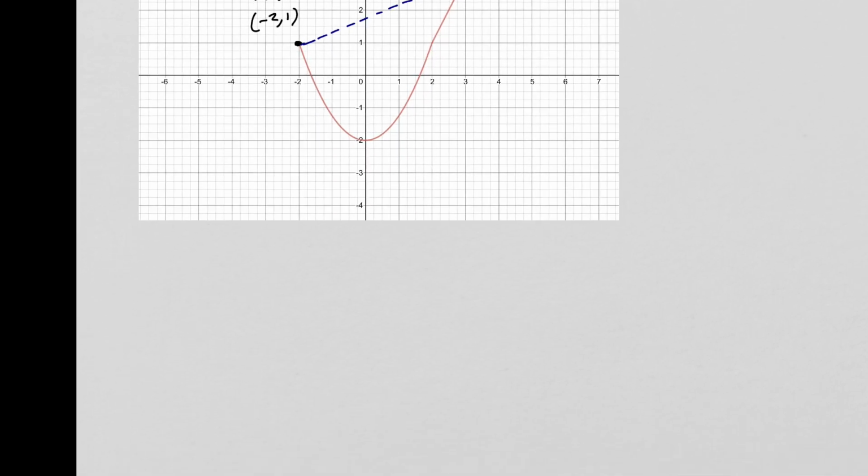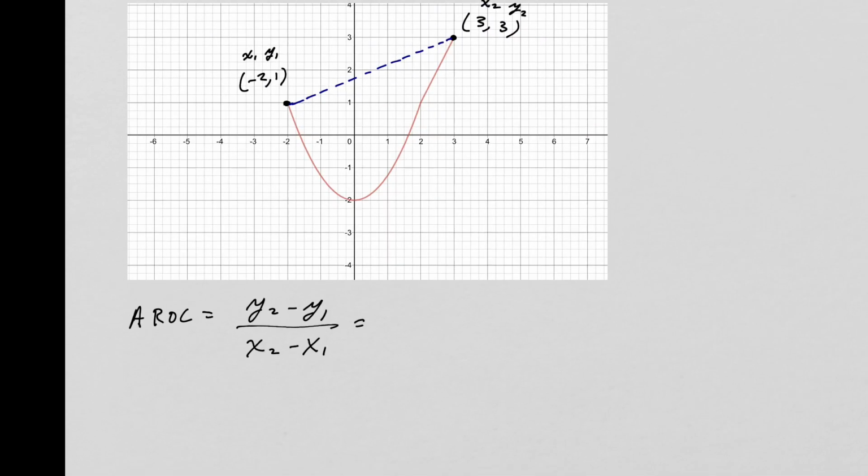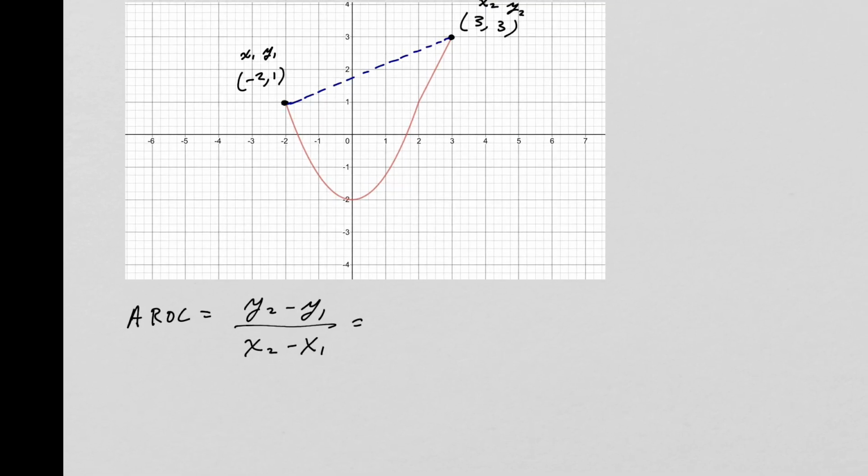Okay, so let's calculate now. The average rate of change is going to be y2 minus y1 over x2 minus x1. So in this case, y2 was 3 minus y1 was 1, over x2 is 3 and x1 was -2. So then this is going to be 2 over 5. So 2/5. And again, it's nothing more than the slope. I'll write that down here.